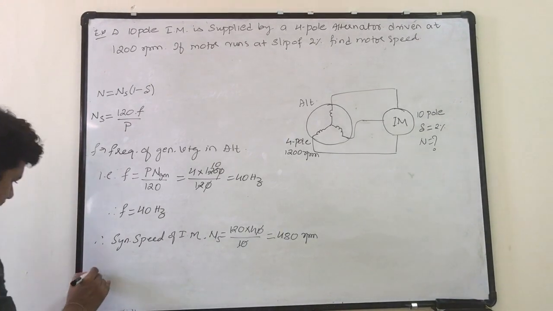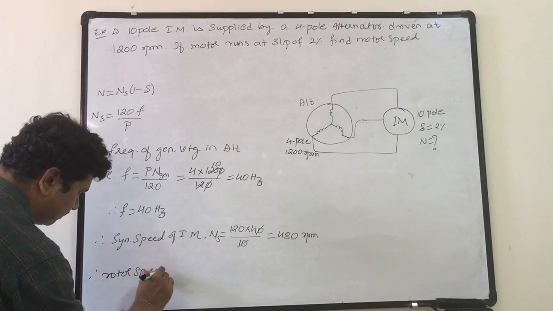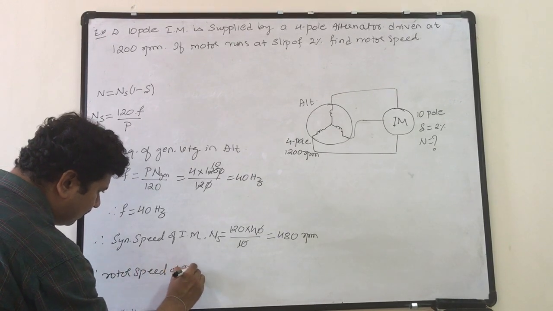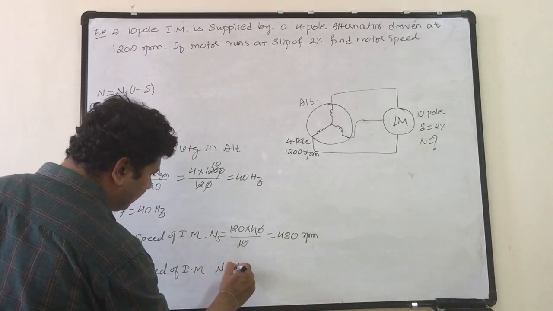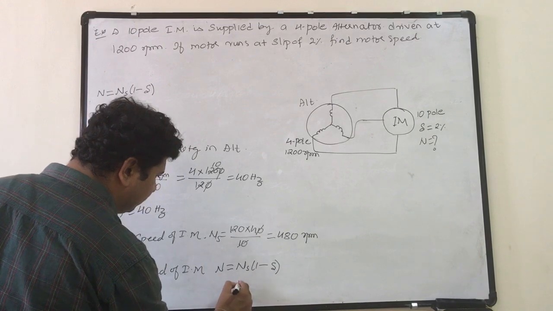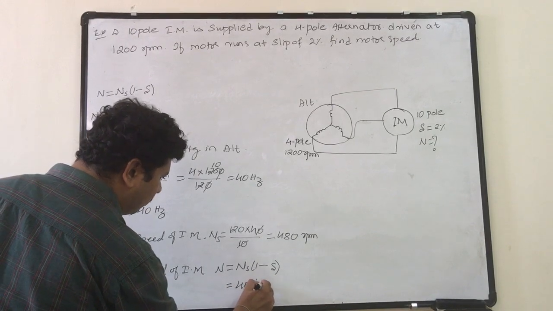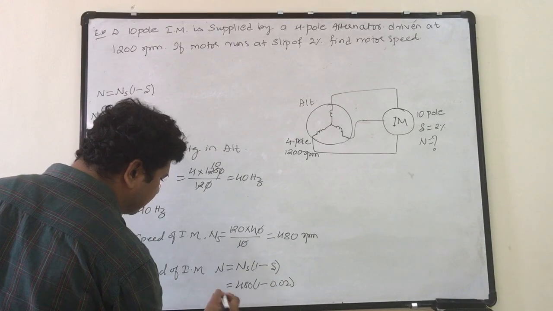Now therefore, rotor speed of induction motor N is equal to Ns into 1 minus S, that is 480 into 1 minus 0.02, because slip given is 2%.